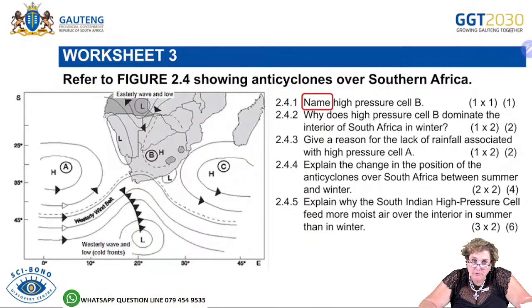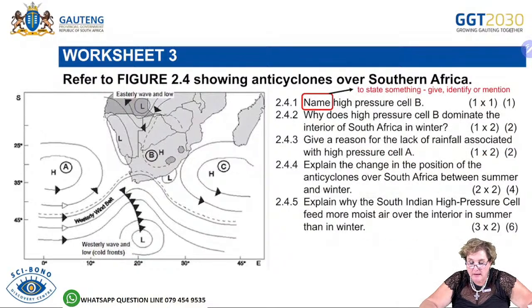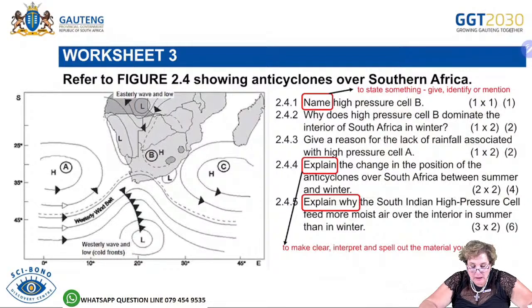Please take note of the verbs in the questions. Name means you need to state something: give, identify or mention. Explain means you must make clear, interpret and spell out the material you present. And then another question is explain why.